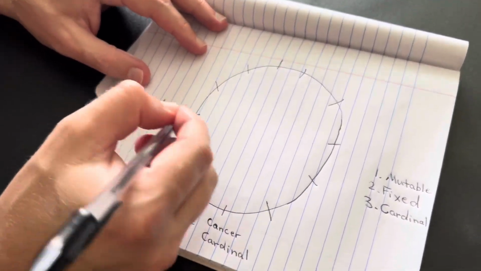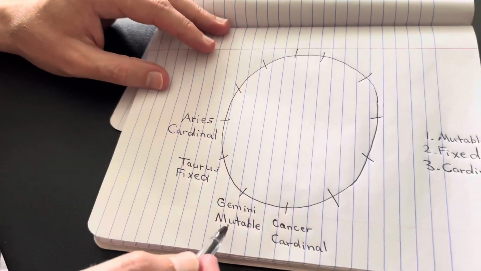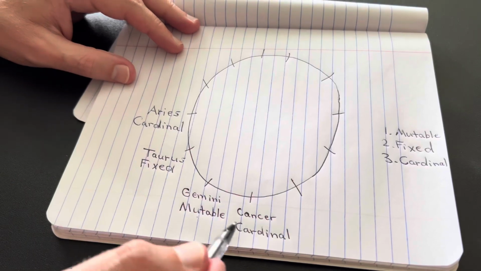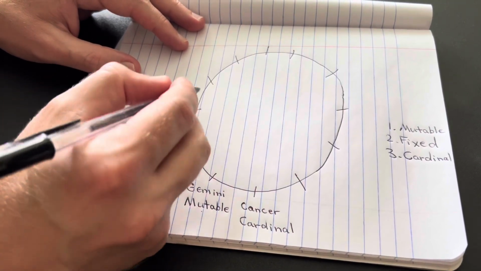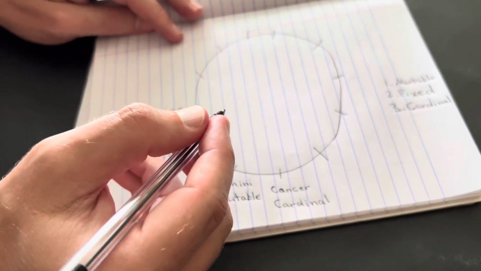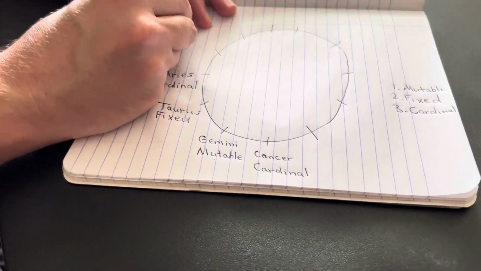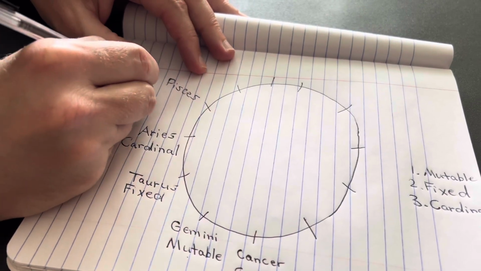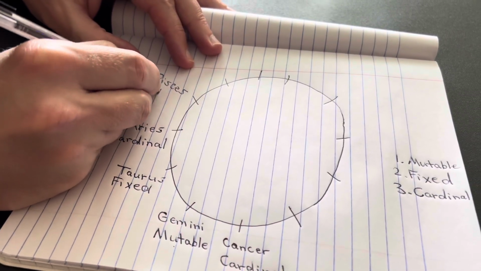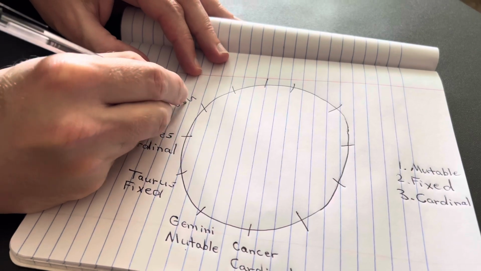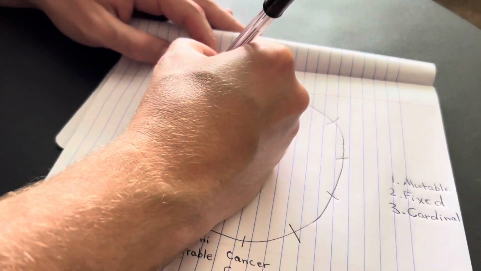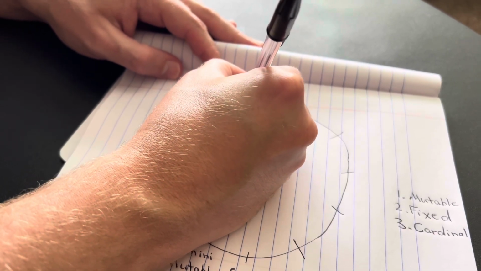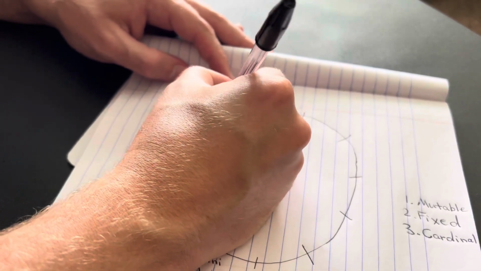Hopefully it doesn't smudge here, but it's always mutable, fixed, cardinal in that order, and then it resets. Then you've got Pisces, which is mutable, and Aquarius, which is fixed.